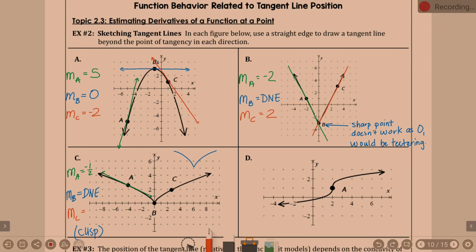Thoughts on C? One and a half. Even without drawing the line, it's going to be the opposite of A, isn't it? Something along those lines.